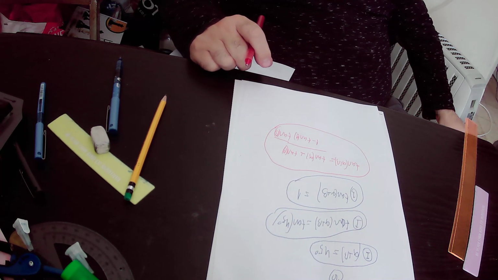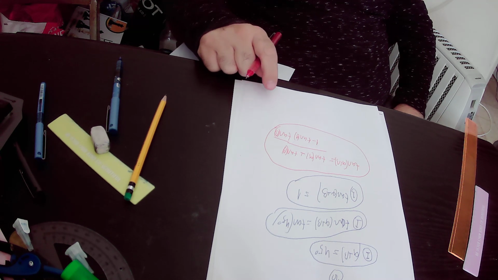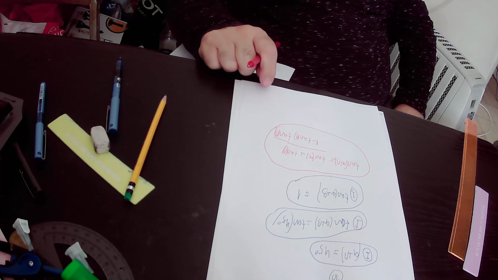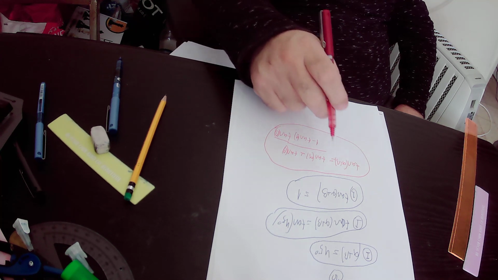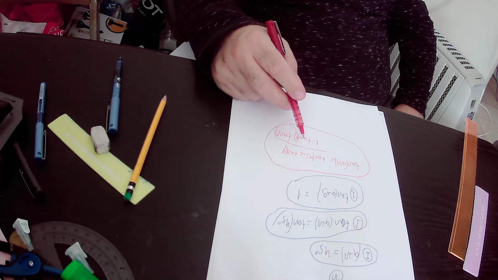So we will use this trigonometric identity and we will substitute tangent of alpha plus beta by this expression.